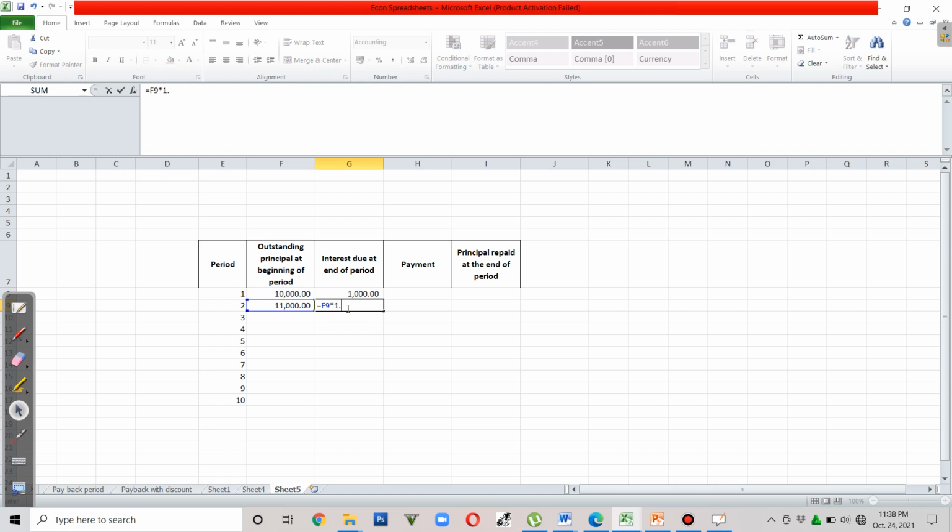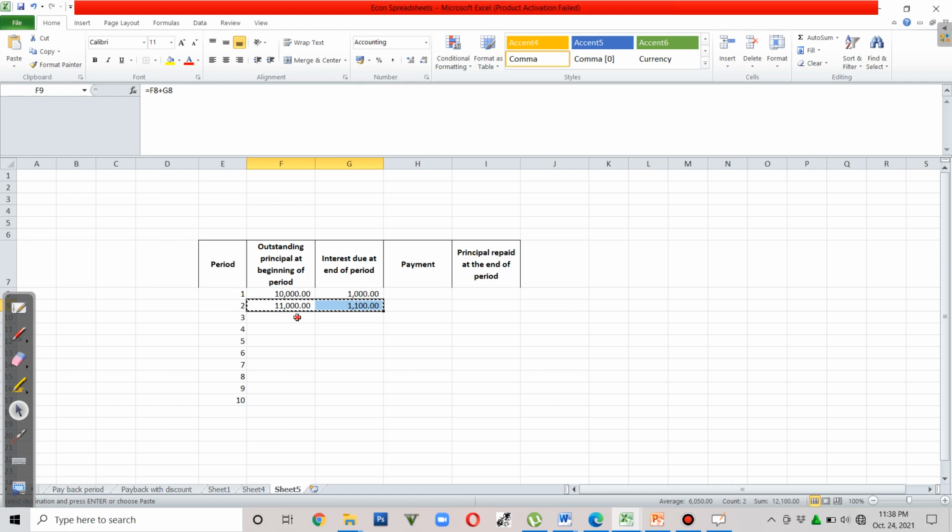So from the outstanding principal, mag-increase siya ng 10% per period, no? 0.1. Okay. So this, yan, up to the 5th period, no?